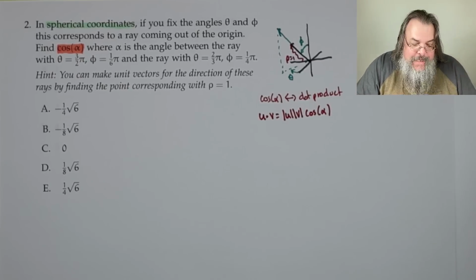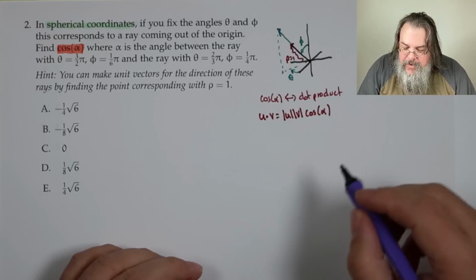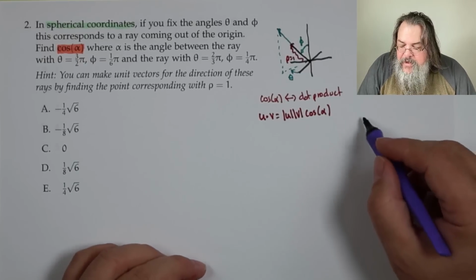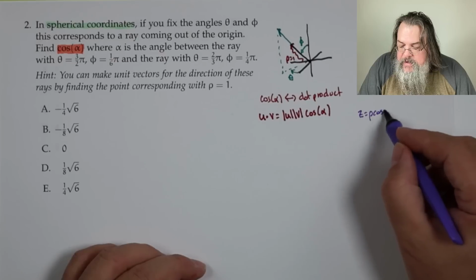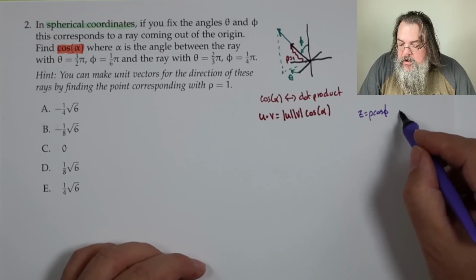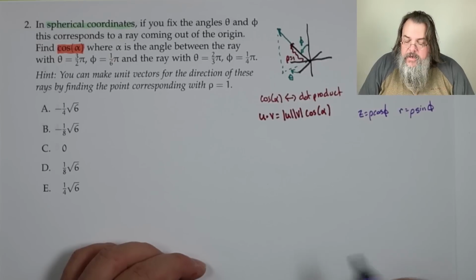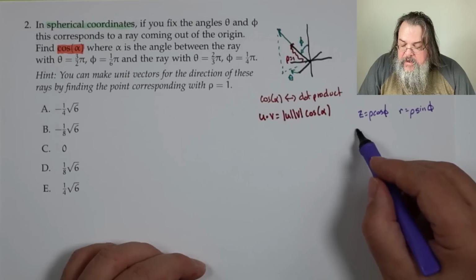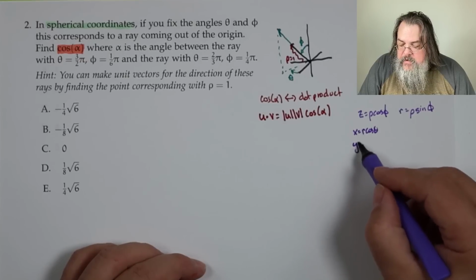All right, plan in place. But how do we actually do it? Well, we have some formulas. Of course, there's always formulas. And we have things like z is rho cosine phi, and r is rho sine phi. But we also have x is r cosine theta, and y is r sine theta.